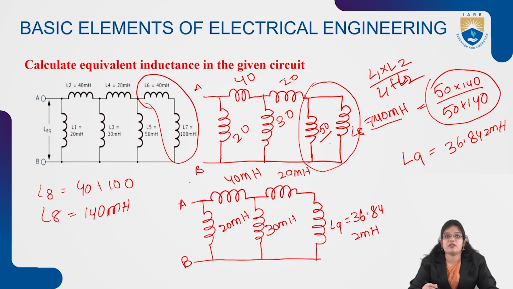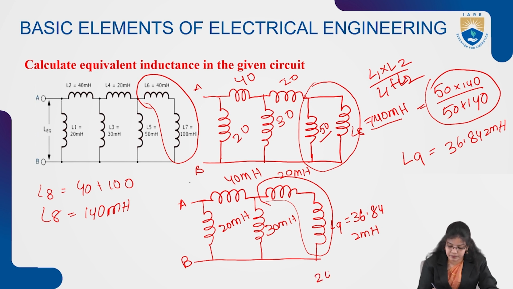So after reducing this circuit, again we have to see the combination of series and parallel. So these two inductors are connected in series. Again we have to reduce this circuit. So to reduce these two inductances when they are connected in series, we have to add these two inductances, which are 20 plus 36.84, and which will be taken as L10.